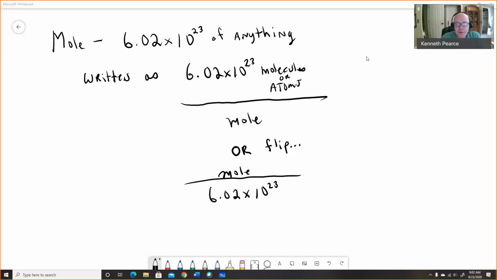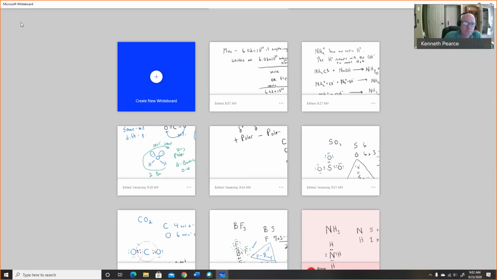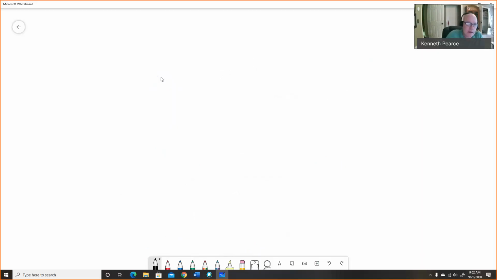So this actually can get you from molecules to moles and from moles to molecules or atoms. And so we use the mole and molecules anytime that we have atoms or molecules.